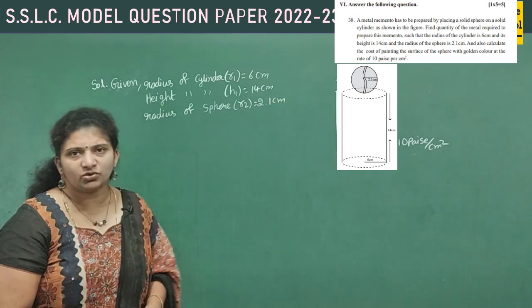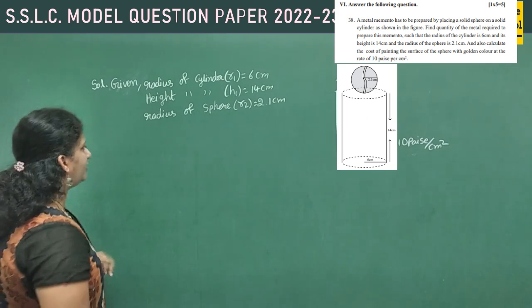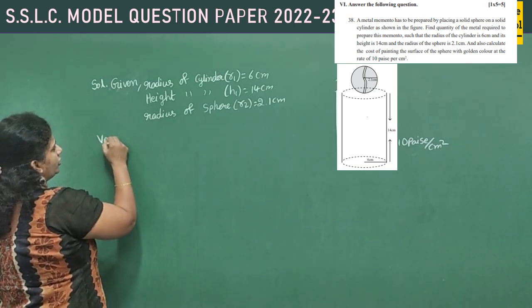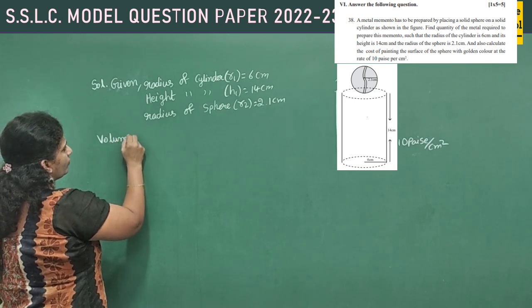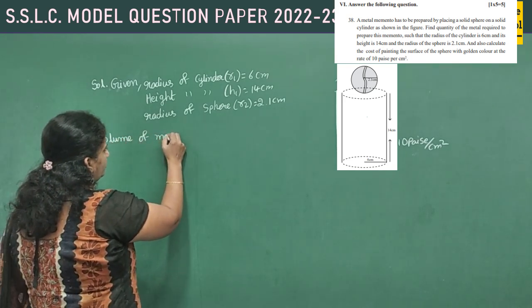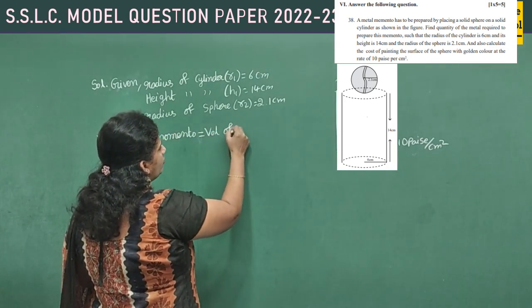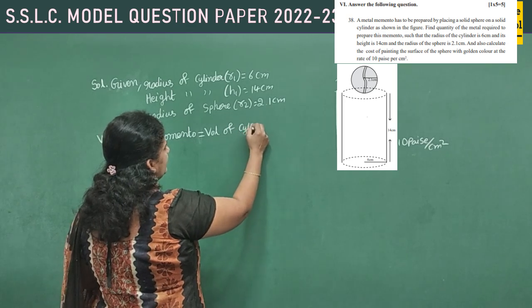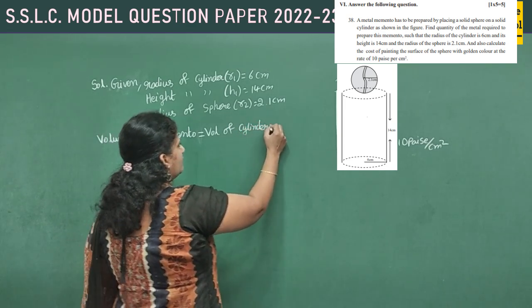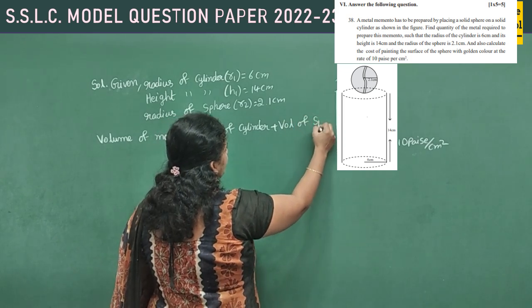What is your first question? Find the quantity of the memento. Quantity means volume. Volume of metal memento is equal to volume of cylinder plus volume of sphere.